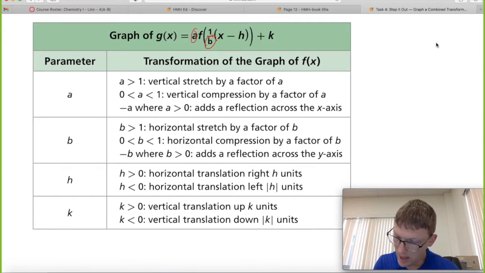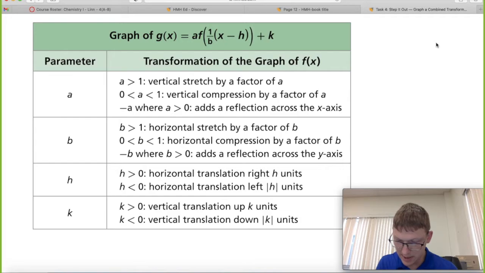A and k are on the outsides. So remember, a is a vertical stretch or compression. K is a translation, up or down. And then everything on the inside here deals with horizontal stuff. And notice that there's a negative sign here.